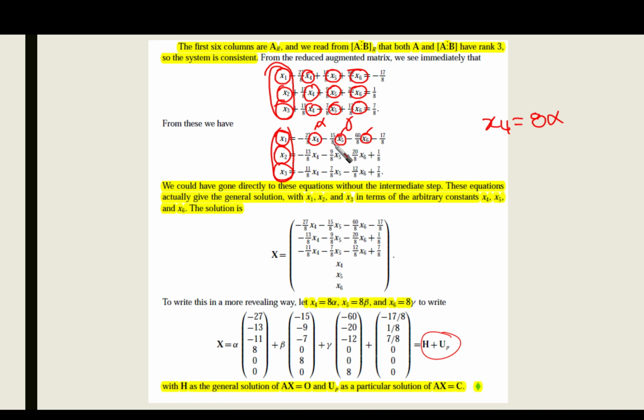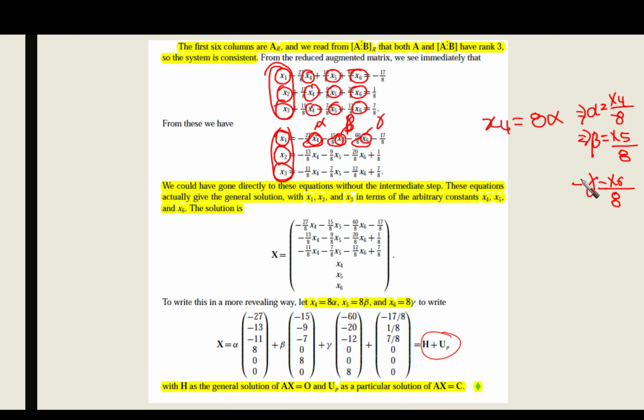So this means that alpha equals x4 over 8. So this one is alpha, and this we can call beta. Beta is going to be x5 over 8 also. And then gamma is x6 over 8.